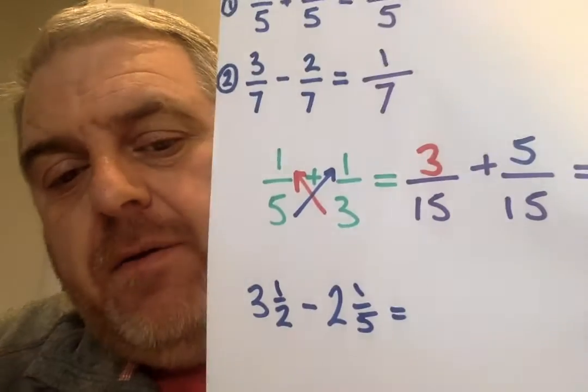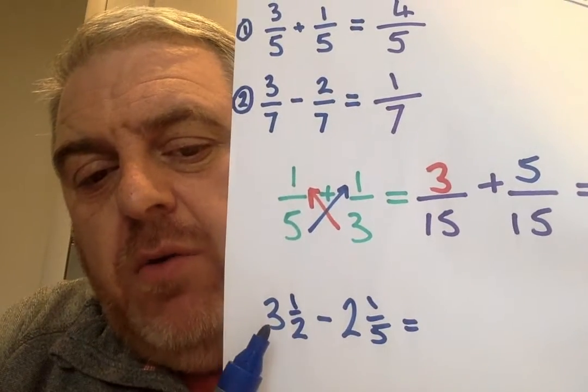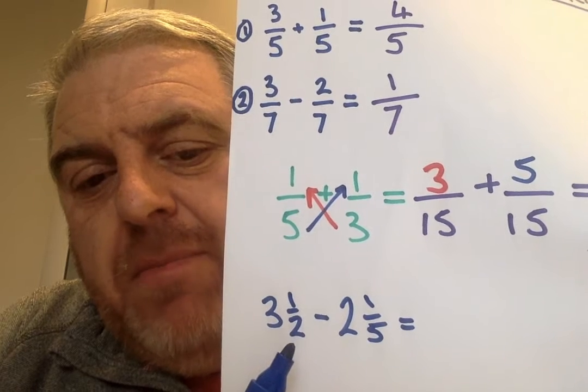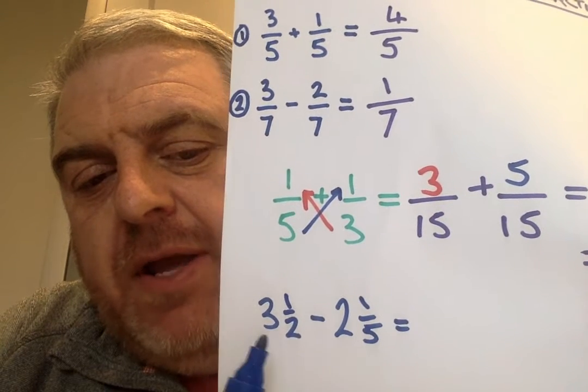Okay, I'm going to do a mixed number subtract. So again, this one's a little bit trickier. We'll do 3 1/2 subtract 2 1/5. Okay, mixed number means you have a whole number and a fraction. But the important thing is we've got different denominators.